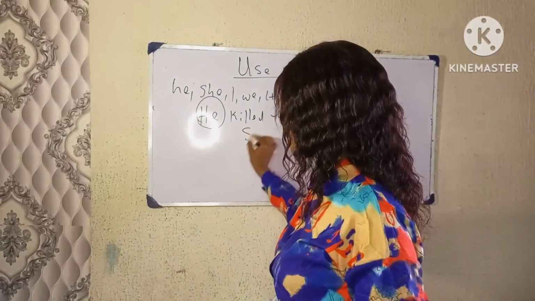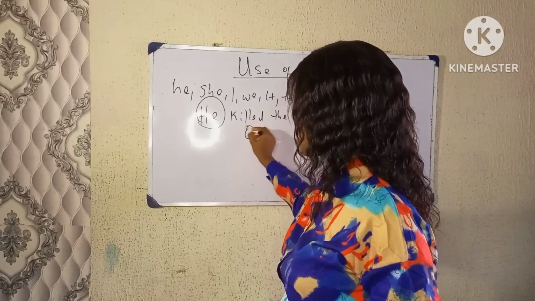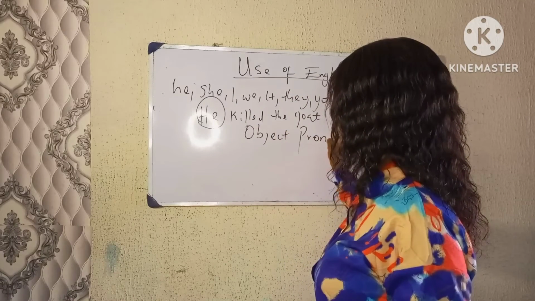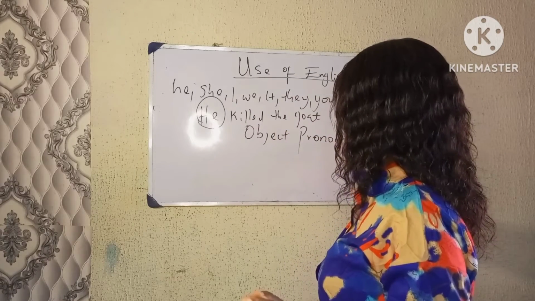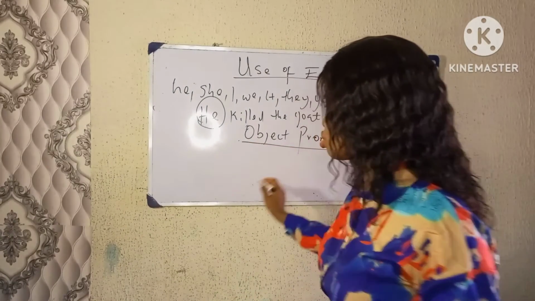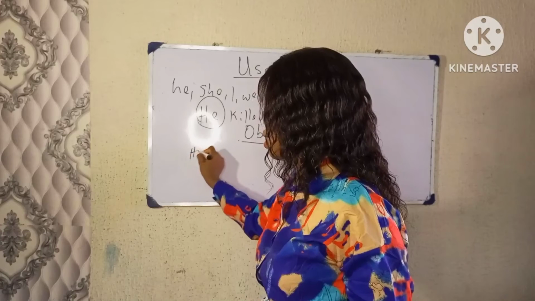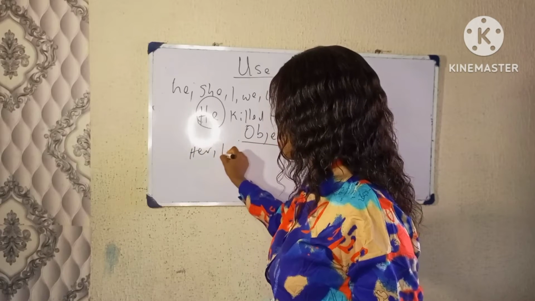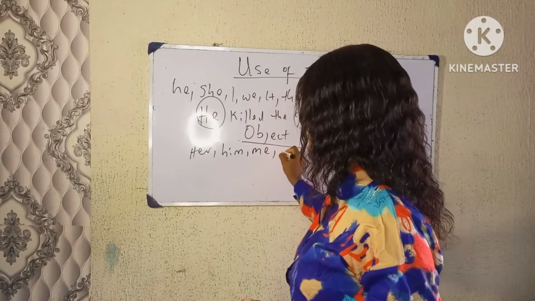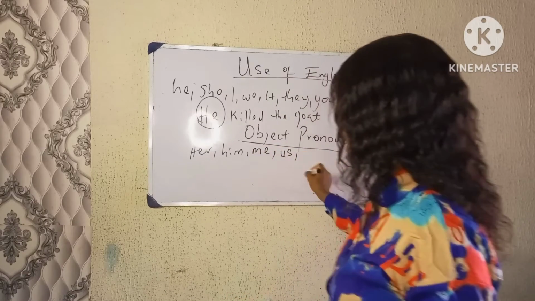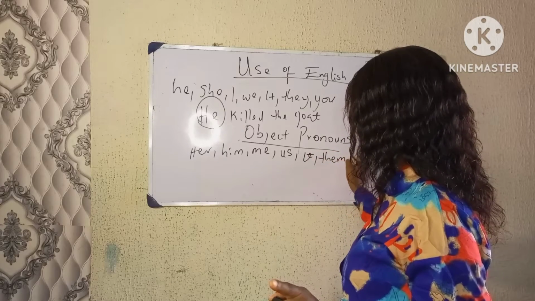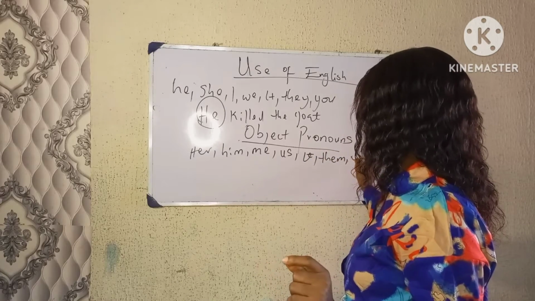Now, let's look at object pronouns. Object pronouns include her, him, me, us, it, them, and you.